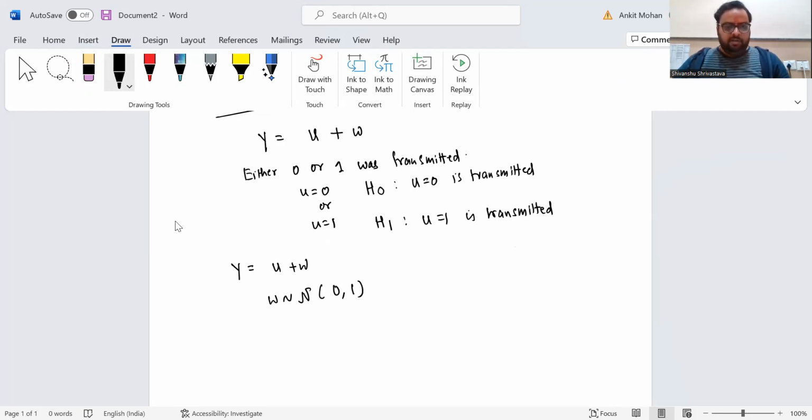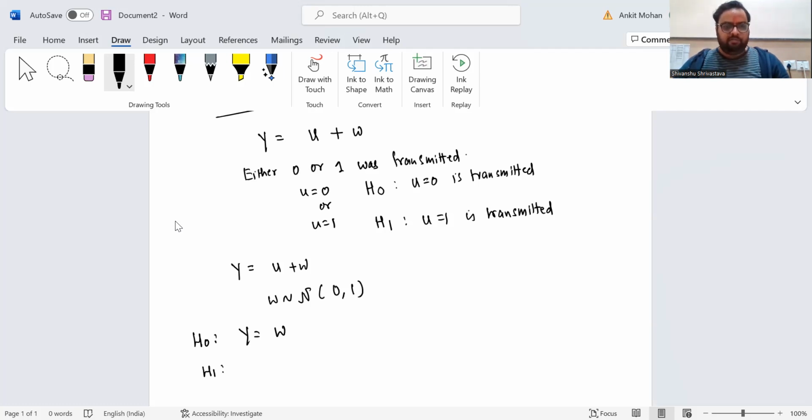And further, we have two cases. Under the H0 hypothesis, U is equal to 0 is transmitted, so the received signal would comprise only the additive white Gaussian noise.